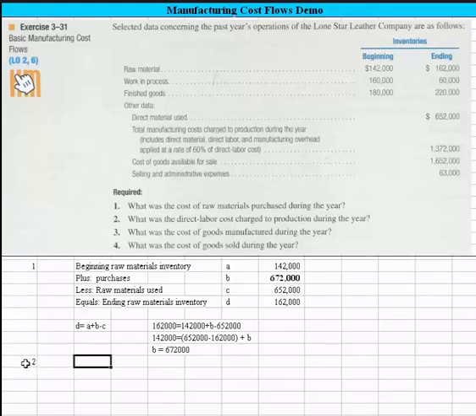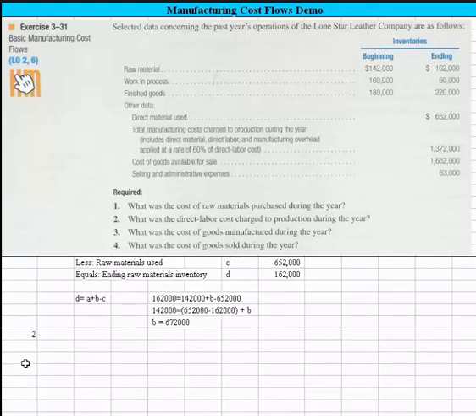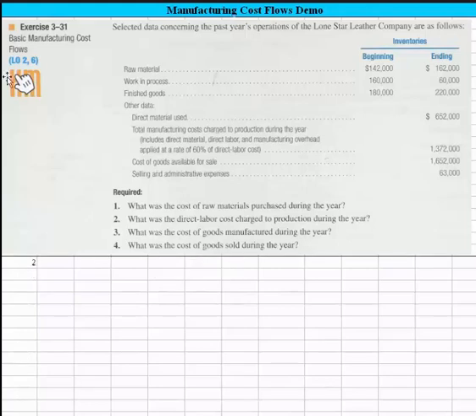Number 2 says, what was the direct labor cost charged to production during the year? Okay, let's slide down so we give ourselves some room. Well, we know that the total manufacturing cost was $1,372,000. So let's write that down.